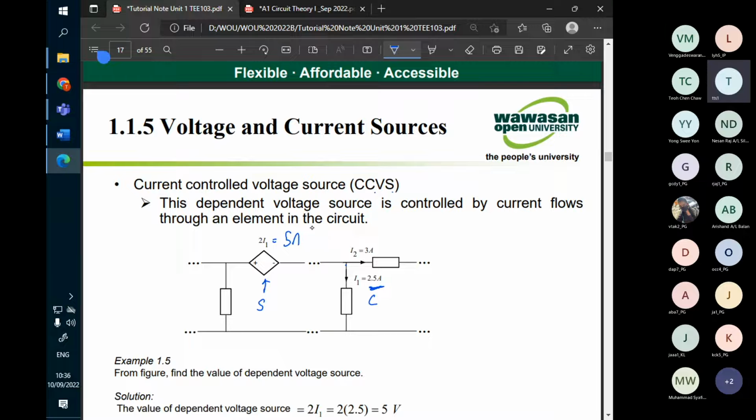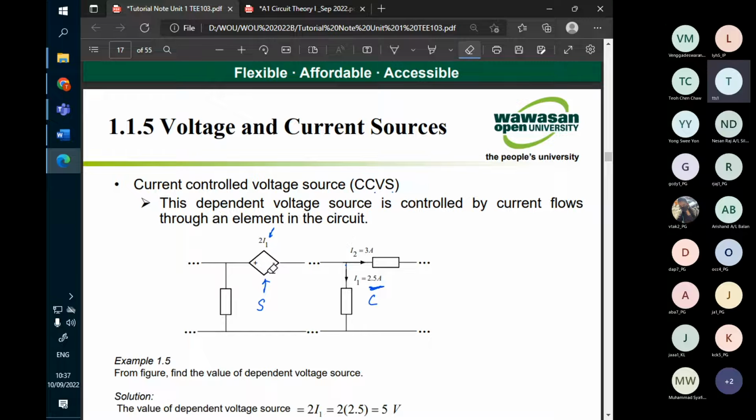Sorry. This is very confusing if you are not careful. You can always make a mistake. What confuses us is that we see the I, so we always think the answer must be ampere, right? But it's actually wrong. This is where you need to pay extra attention.